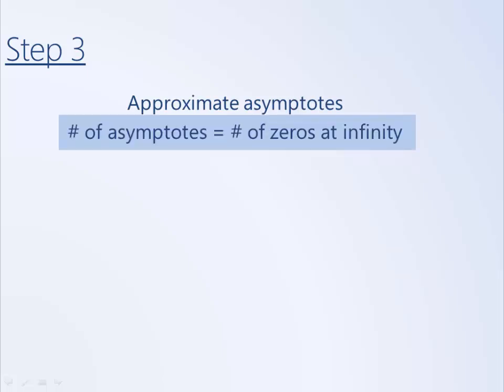Step number 3 is to approximate asymptotes. If you recall, the number of asymptotes is in essence the number of zeros at infinity. So if we have 5 open loop poles and 2 open loop zeros, that means we have 3 more open loop poles than open loop zeros, and those branches are going to go to zeros at infinity, i.e. our asymptotes.